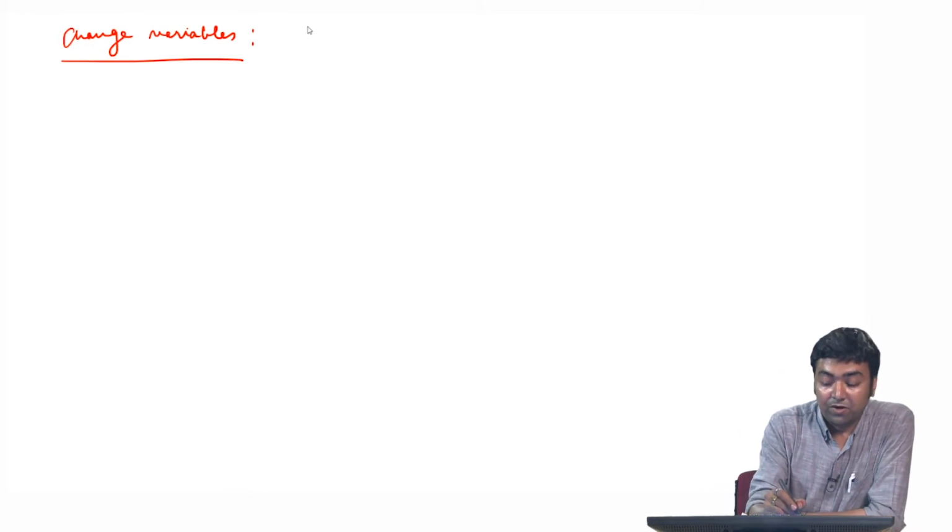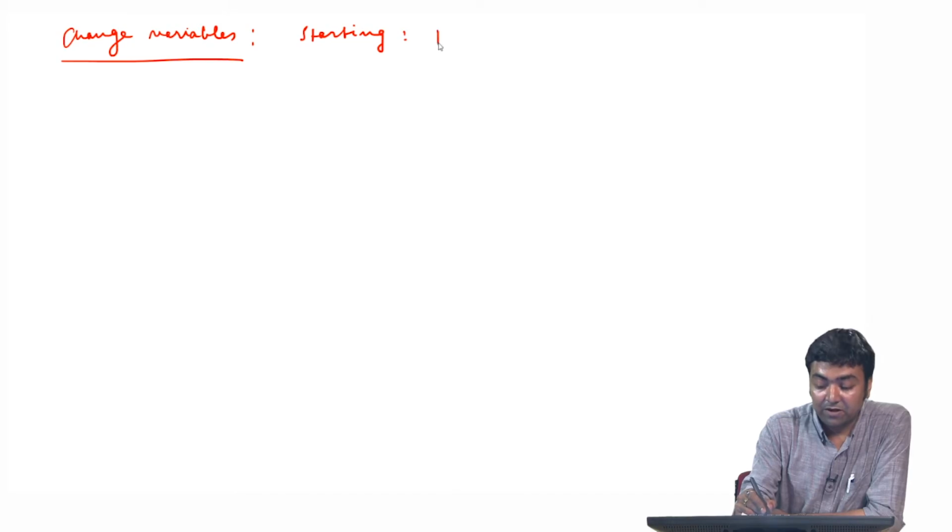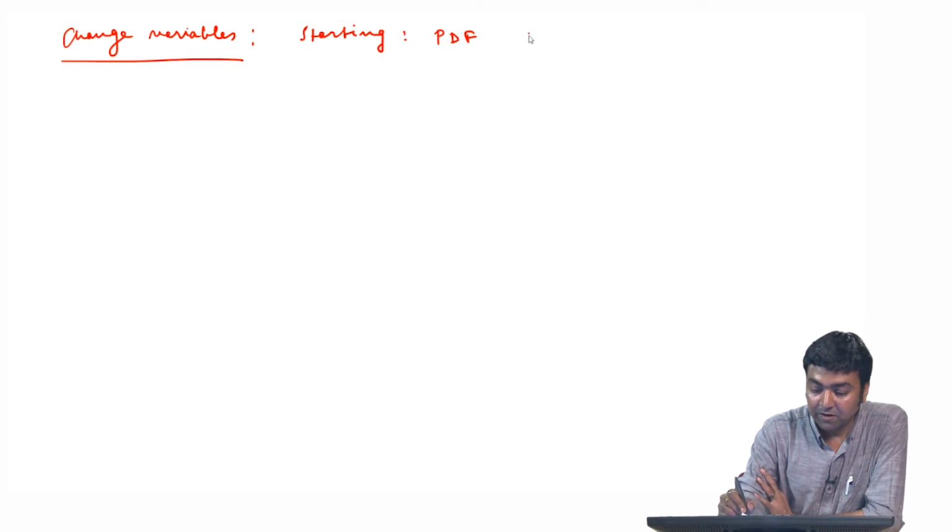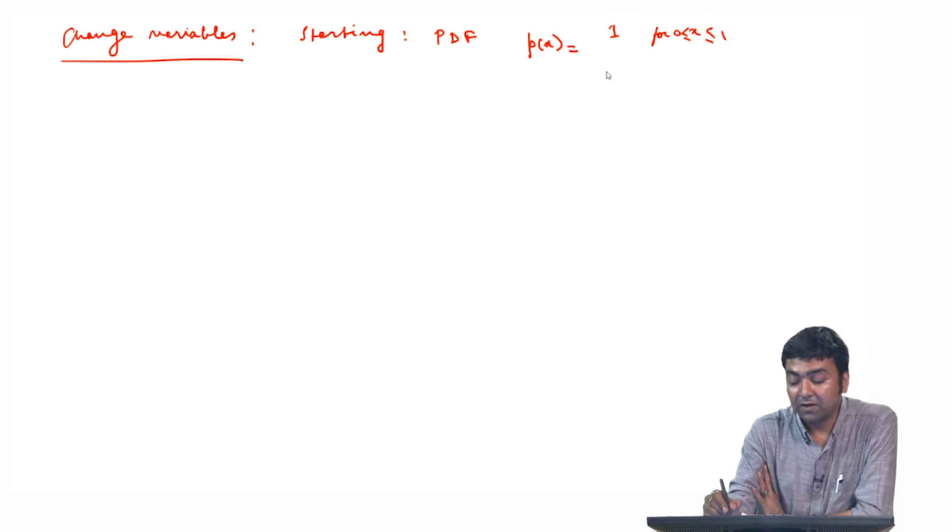My starting point, one should remember, is a set of random numbers with a probability distribution function p x equal to 1 for x between 0 and 1, and equal to 0 elsewhere.